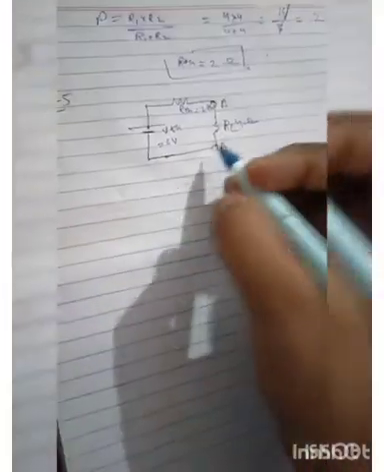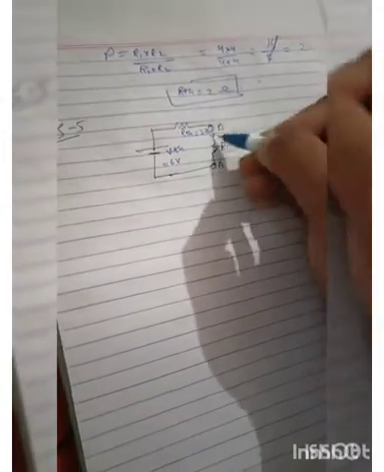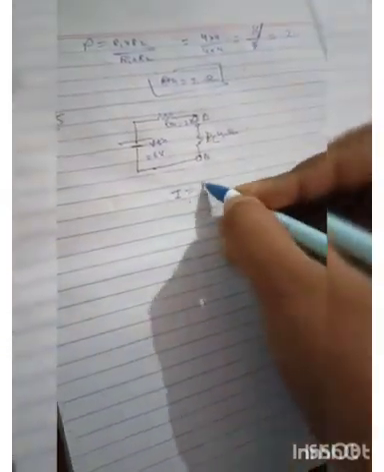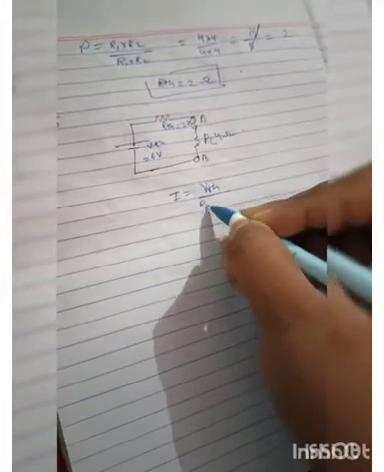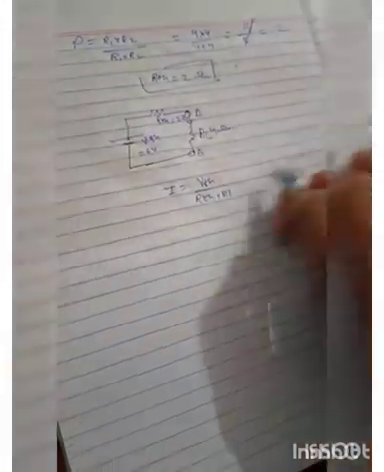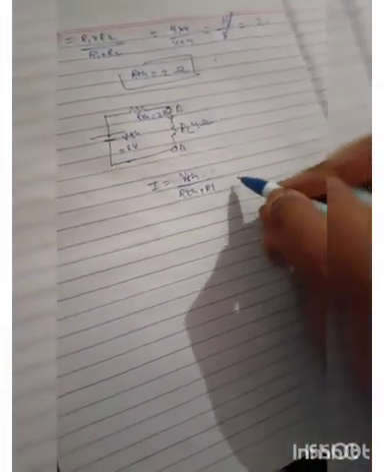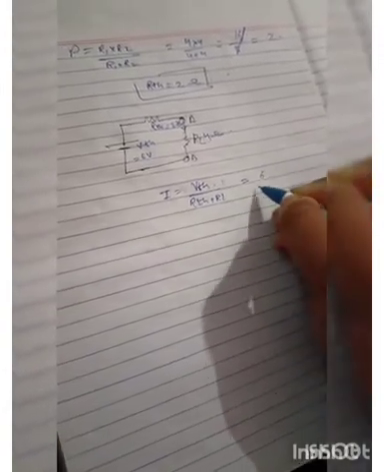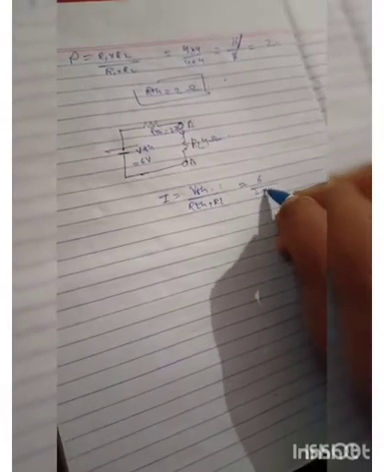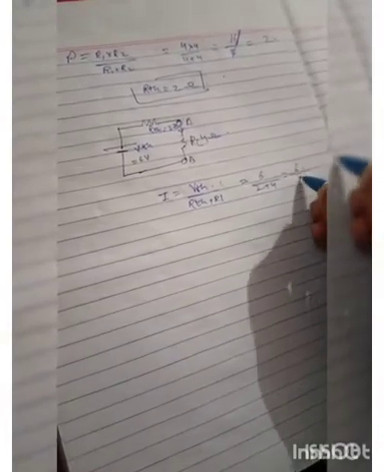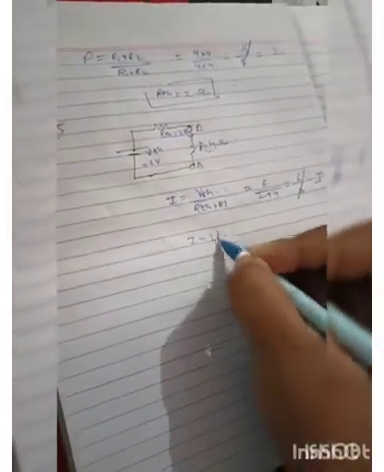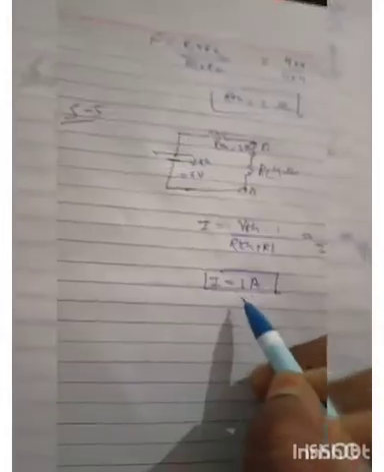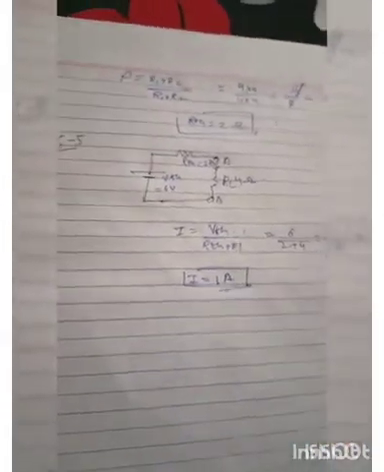Now the current flowing from A to B, that is I, is equal to VTH by RTH plus RL, that is 6 by 6. I is equal to 1 ampere. It means that 1 ampere of current is flowing through the 4 ohm resistor.